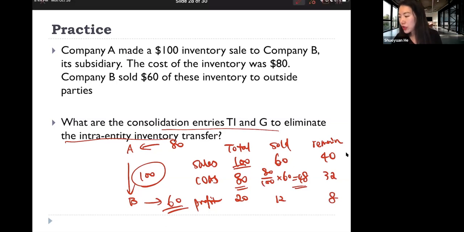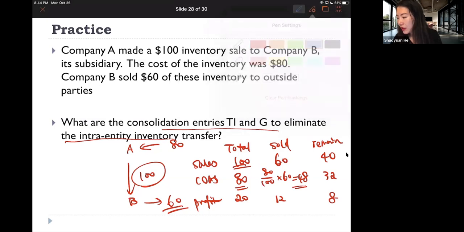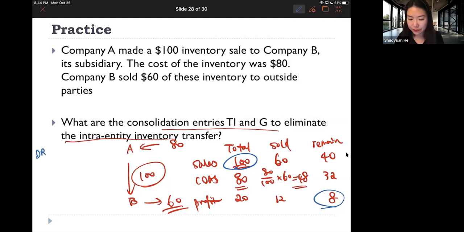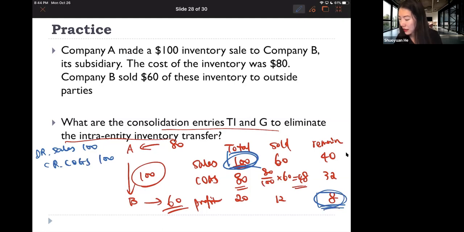So if we just do the shortcut way here, the journal entry is basically we debit sales 100, credit cost of goods sold for 100. This is TI. And then we need to defer the intra-entity profit associated with the inventory that has not been sold at the end of the financial reporting period.